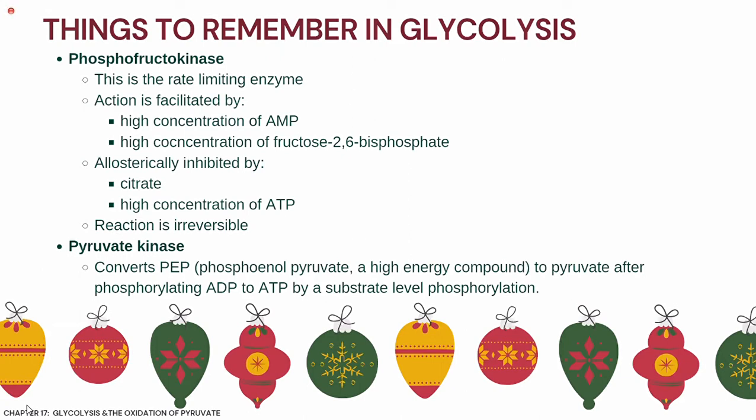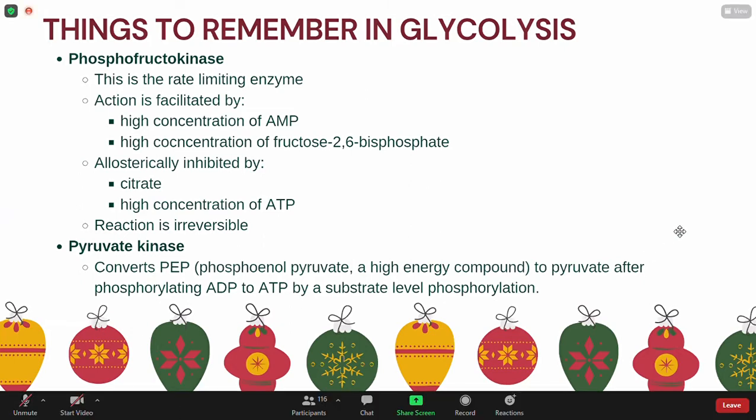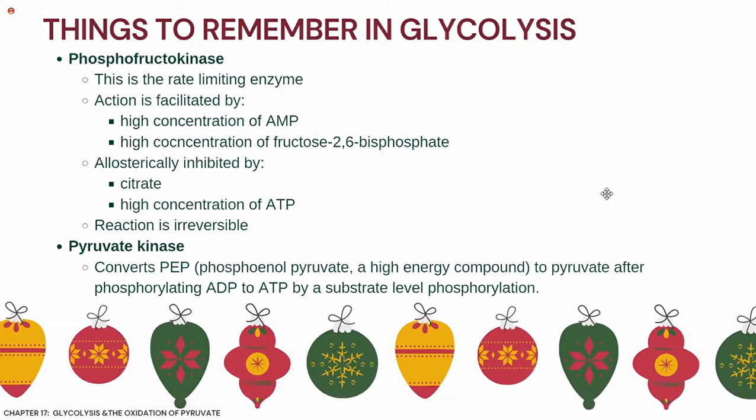It is allosterically inhibited by citrate. When you have plenty of citrate already, which means that you have been using glucose, converting it into pyruvate, and that pyruvate goes into the mitochondrion and is converted to acetyl-CoA, and acetyl-CoA combines with oxaloacetate and forms citrate. So which means that the glycolytic pathway is working.